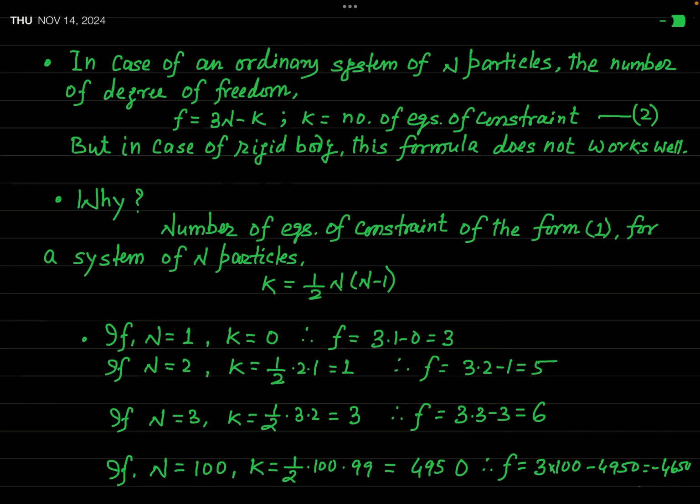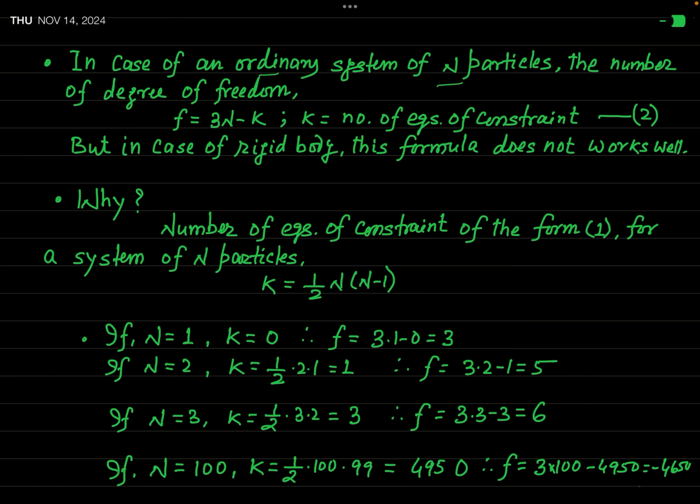So if you can remember my previous video on Lagrangian formulation on degree of freedom and generalized coordinates, then you can think that if a system consists of n particles, I have written here ordinary system. It means in that chapter we have not talked about rigid body, but we have considered a system of n particles, where the n particles actually form a discrete system.